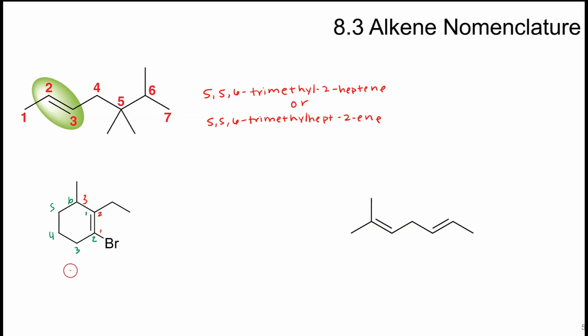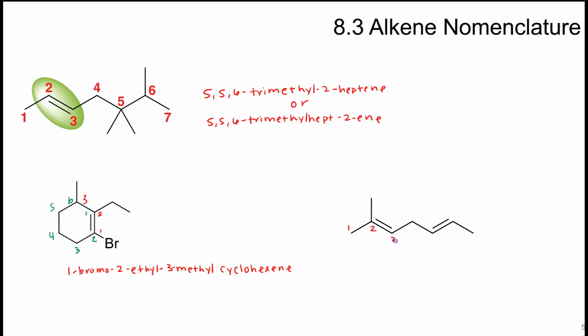So this would be 1-bromo-2-ethyl-3-methylcyclohexene. You can do 1-cyclohexene or cyclohex-1-ene, but if it just says cyclohexene, then it's automatically assumed that the carbon double bond starts at 1.